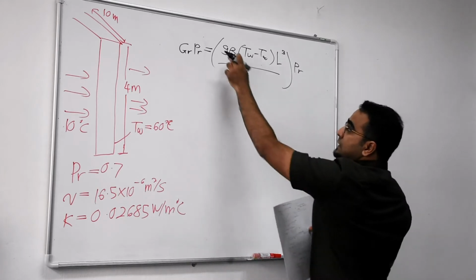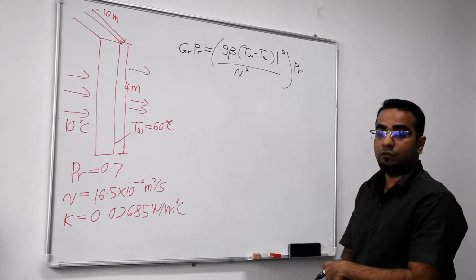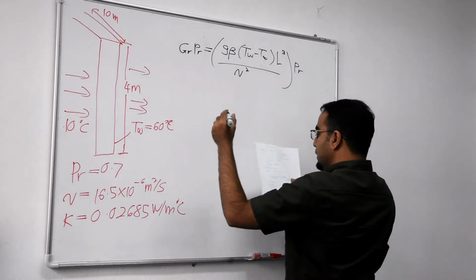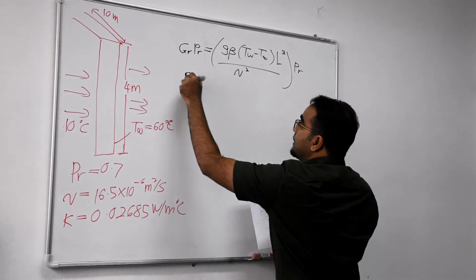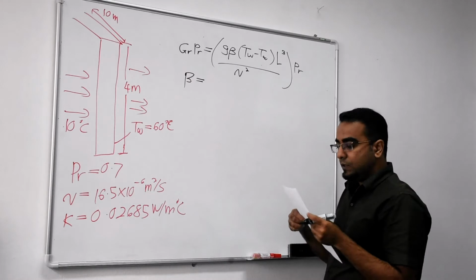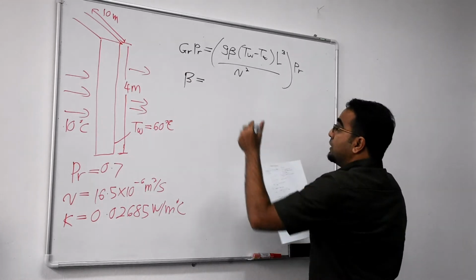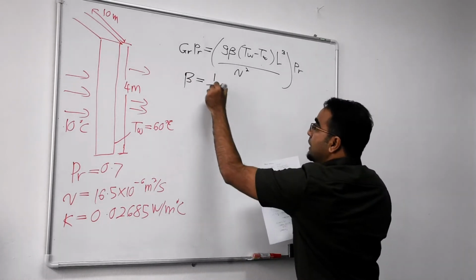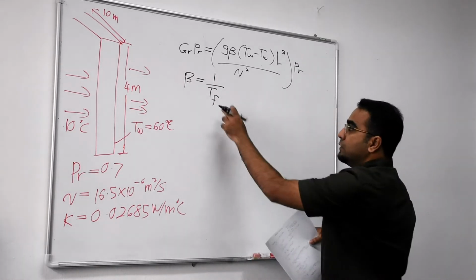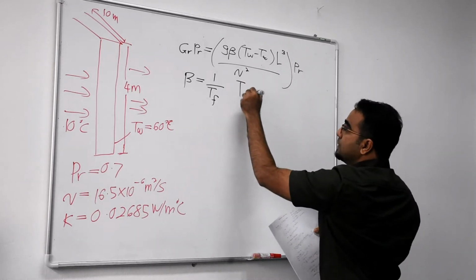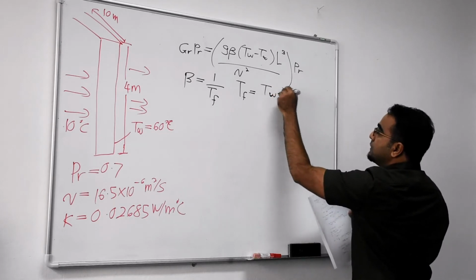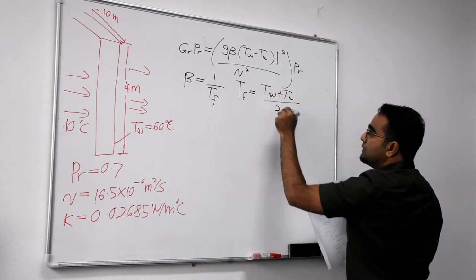We know g is our gravitational acceleration, so the value is going to be constant. Now beta must always be in Kelvin, so it's going to be 1 over the temperature of the fluid. To find Tf, it is equal to (T wall plus T infinity) over 2.